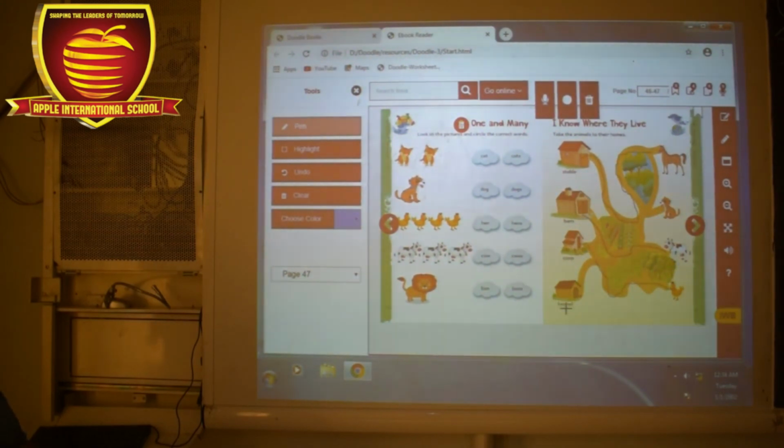Next is kennel, KENNEL, kennel. Who lives in kennel? Dog. So take the dog in the kennel.